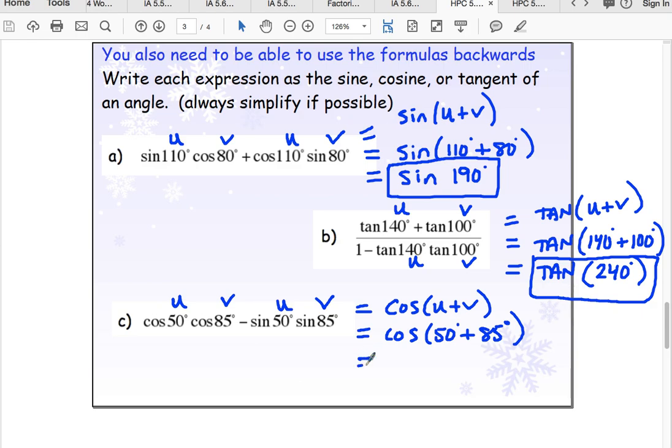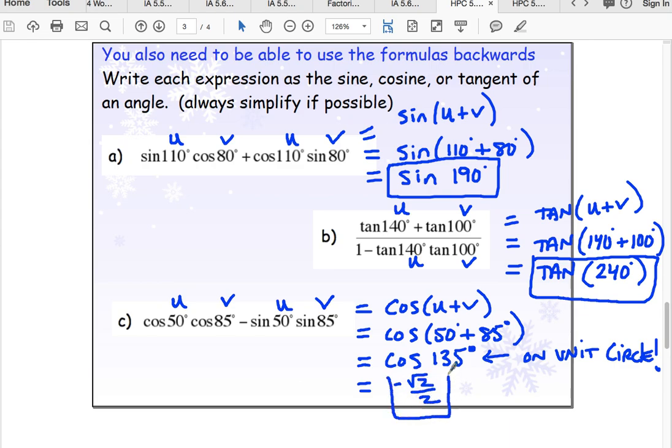And when I add those up, I will have cosine of 135 degrees. But this is on the unit circle, so we can take it one step further and actually figure out what cosine of 135 degrees is. And it is negative square root of 2 over 2. So this one simplified a little bit farther because it actually was on the unit circle.